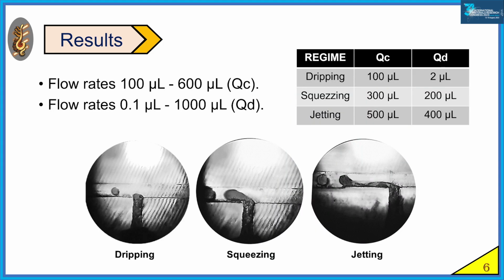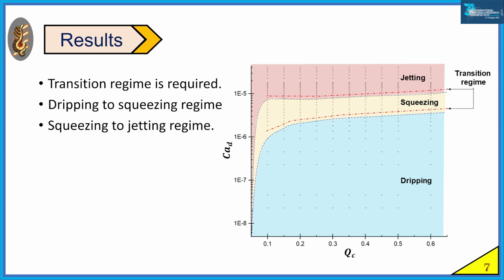As shown in the previous slide, squishing invades the channel, while jetting enlarges in the continuous channel. Transition occurs just a few values above the previous regime. As shown in the graph, the transition regimen has the points lined in red and occurs above the dripping and the squishing regimen.